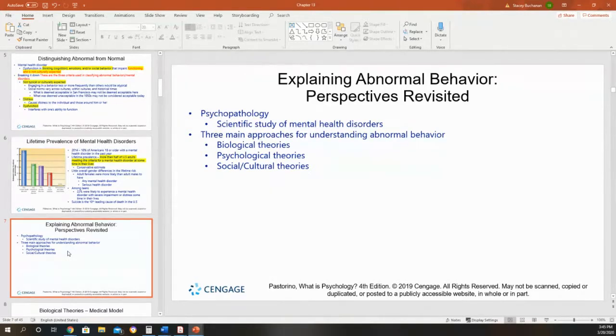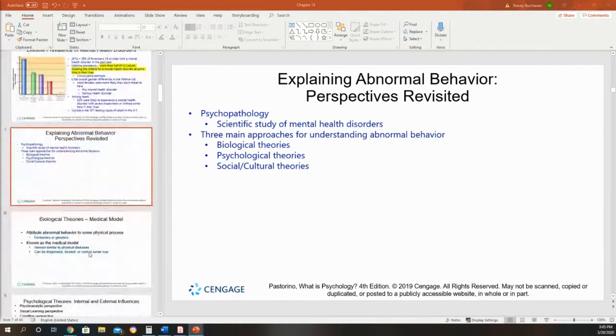And there are 3 main approaches for understanding abnormal behaviors: the biological approach, the psychological approach or theory, and the sociocultural approach. These are going to sound very familiar to you because this goes all the way back to chapter 1 with those theories and perspectives. So if you had a good handle on that, it'll make it easier to understand these 3 theories, because that's where they fall into.